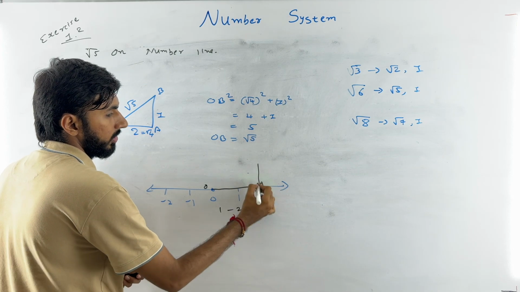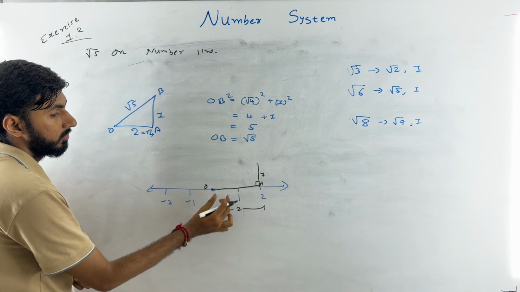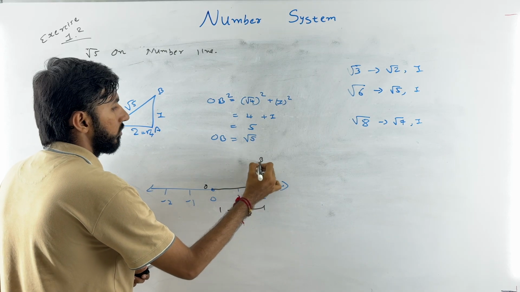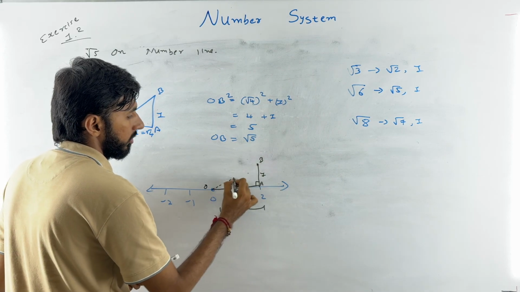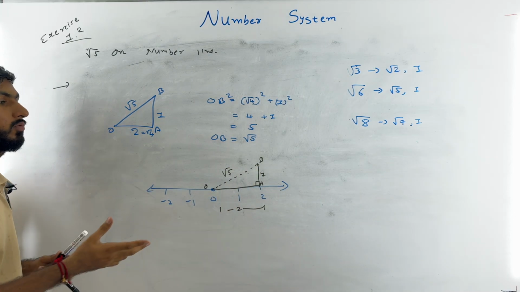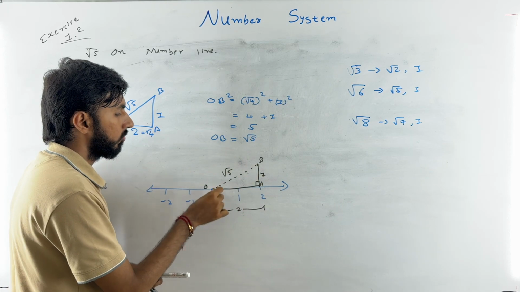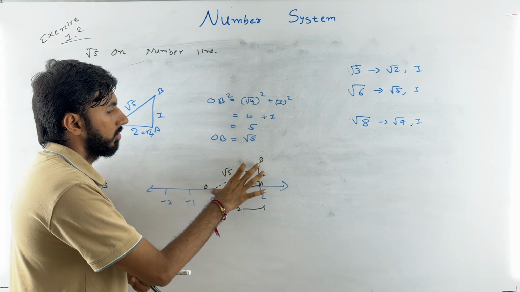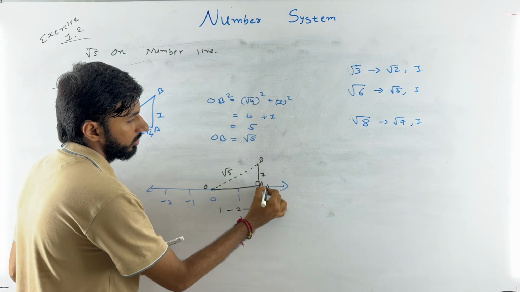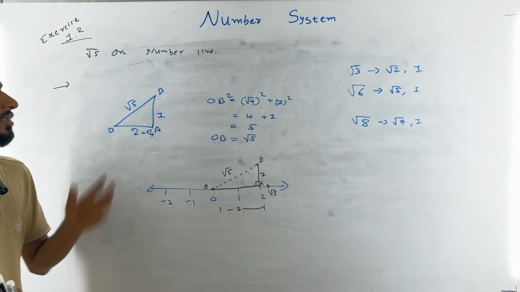Now if I draw a perpendicular here of length 1, length 1 means from point 0 to 1, right? And if I name this point B, now if I connect these two dots, the length of OB will become root 5. Now you have to put the pencil on B and the point of your compass on O. Now measure this length and make an arc on the number line. You will get point root 5. Just represent it. So it is very easy.